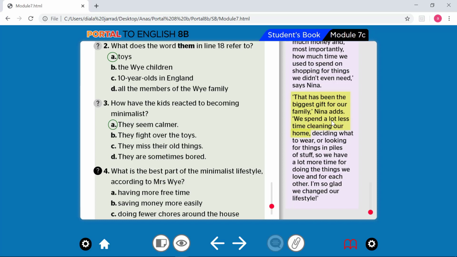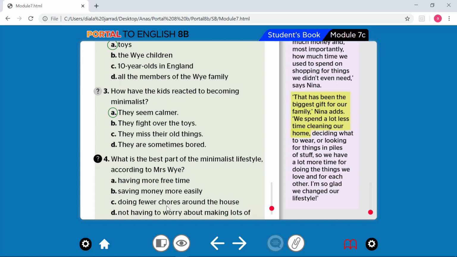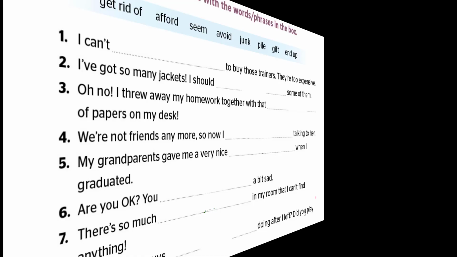Nina adds, we spend a lot less time cleaning our home. So having more free time, notice it is there in different words, having more free time, or we could say saving money, or doing fewer chores around the house. Notice the word chores here is the housework, which is cleaning. So the answer will be C.